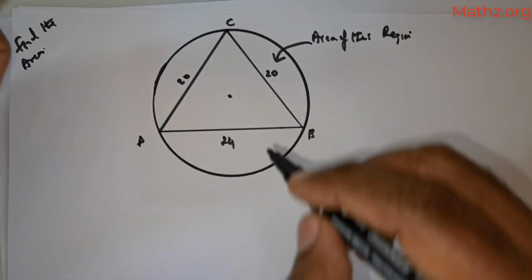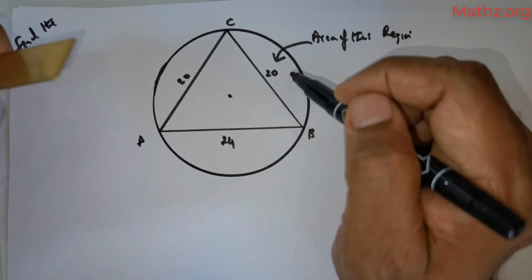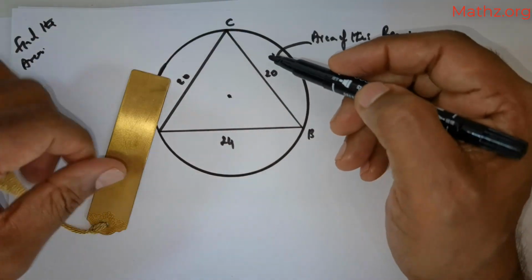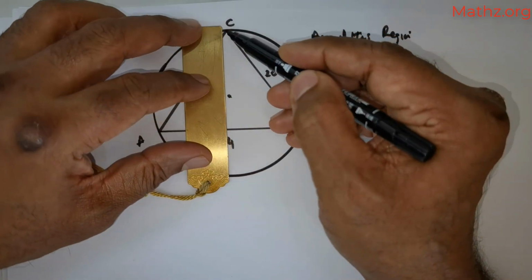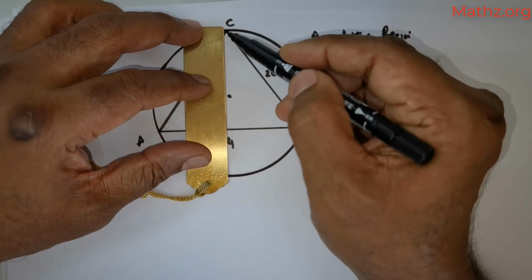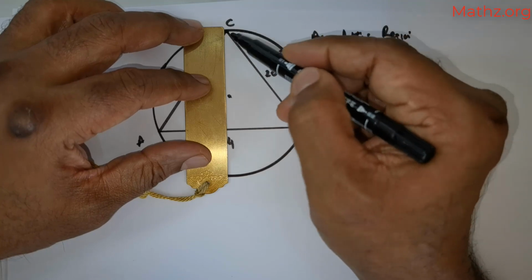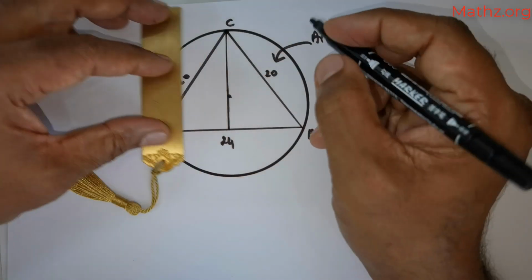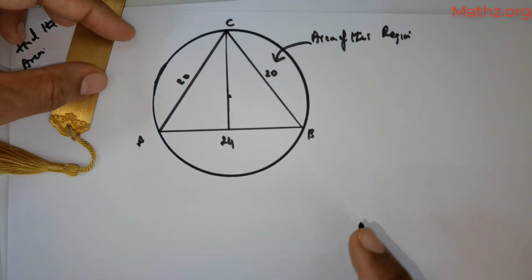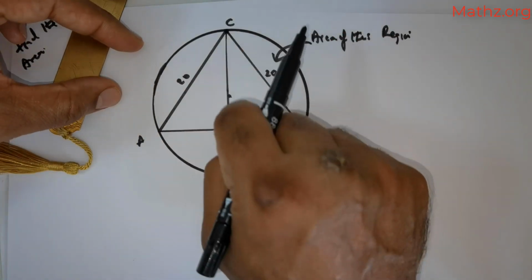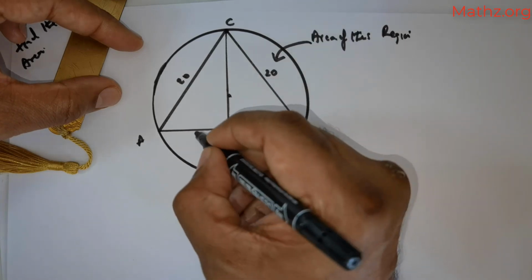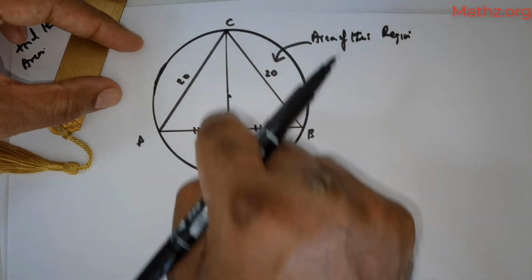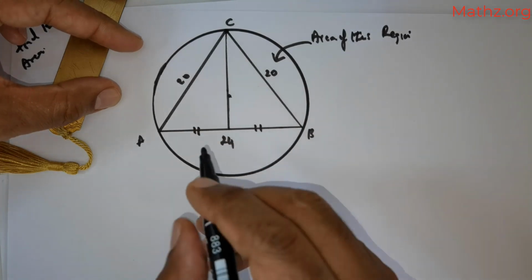Let's get started. So this is an isosceles triangle. Now because this is an isosceles triangle, if I were to draw a perpendicular line from the top vertex to the base, then that line would divide the base into equal parts.